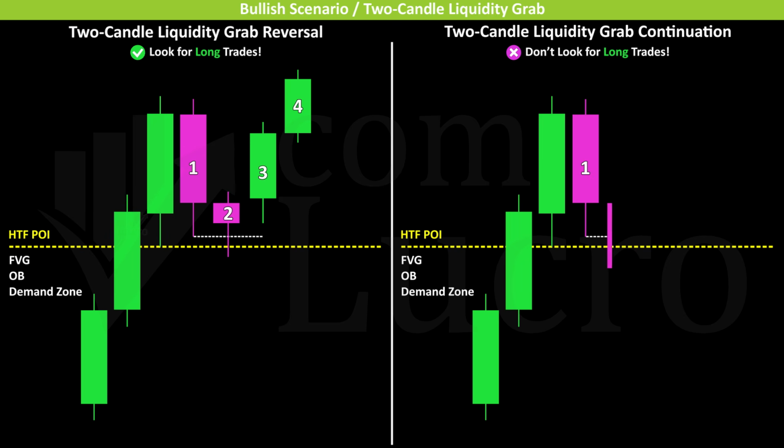However, if the second candle closes below the first candle's low and also closes below the higher time frame point of interest, then the setup no longer represents a bullish reversal. Instead, this becomes a continuation scenario, suggesting that price may continue expanding lower. In this situation, we should avoid looking for bullish or long setups, because the market is showing acceptance below the higher time frame level, rather than rejection, signaling potential bearish continuation instead.